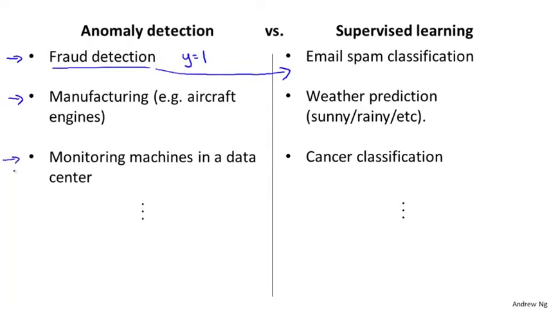Monitoring machines in a data center, again, similar arguments apply. Whereas email spam classification, weather prediction, and classifying cancers, if you have many examples of both your positive and negative examples, then we would tend to treat all of these as supervised learning problems.